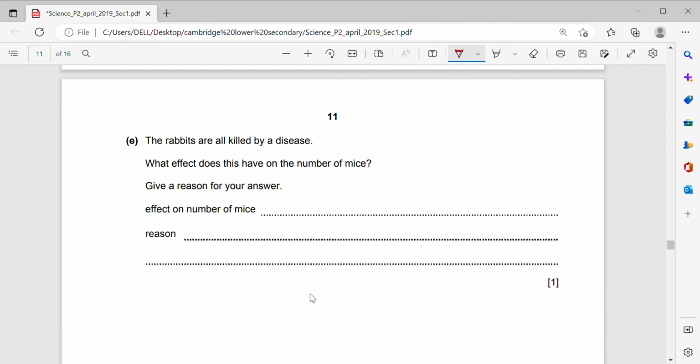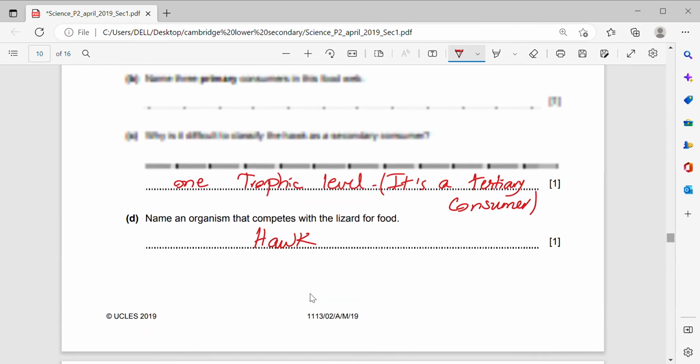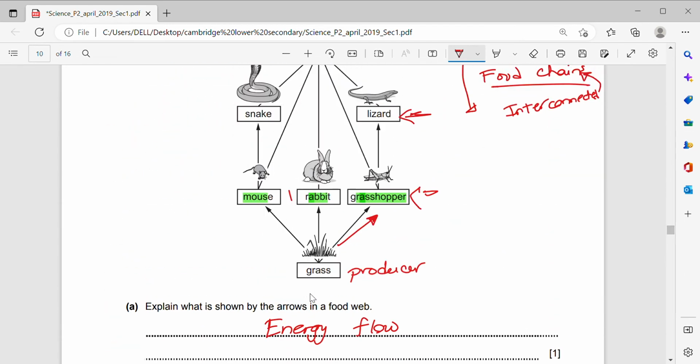What effect does this have on the number of mice? Give a reason for your answer. I have the effect and the reason, out of 1 mark. Where is this in the food web? Here are the rabbits and the mice. If the rabbits are killed, so there are no rabbits, what happens to the number of mice? Someone could say the number will go up, because there will be more grass, so less competition. That is a correct answer.